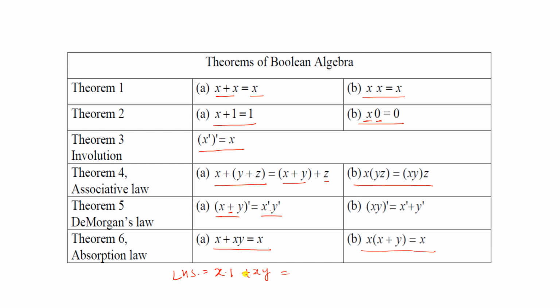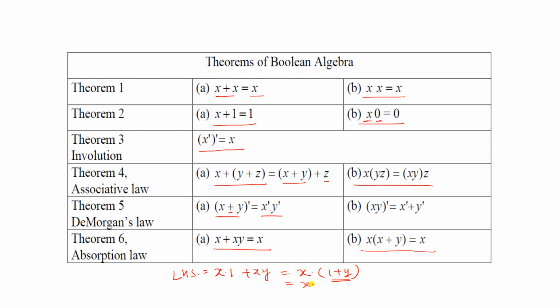So now look at this, x into 1, x dot y. So you can apply the distributive law. So by the distributive law it will be x into 1 plus y. Now 1 plus y, look at this, this is logical OR. In 1 plus y, one of the variables is true, so it means this will be true.